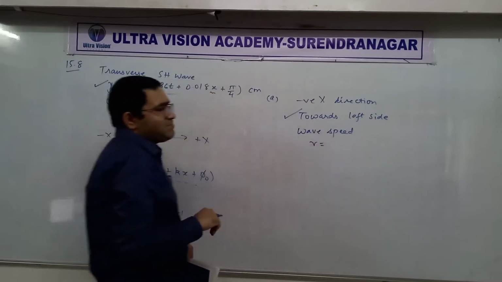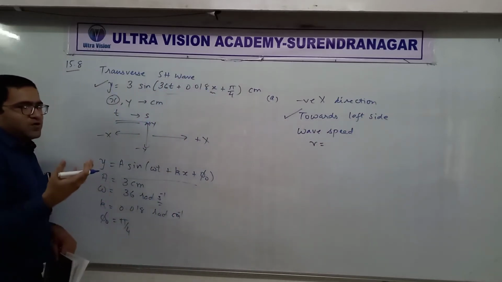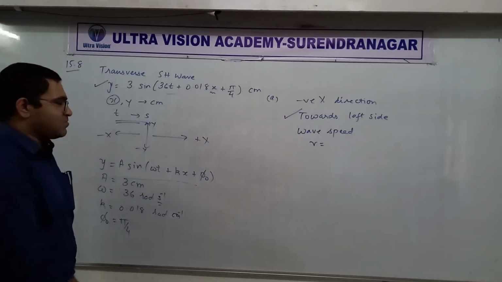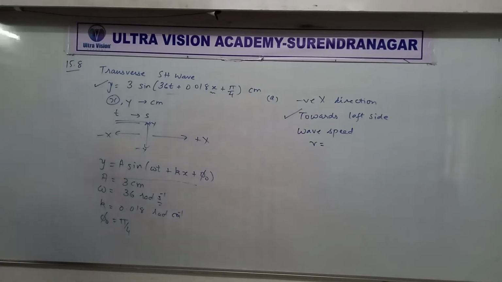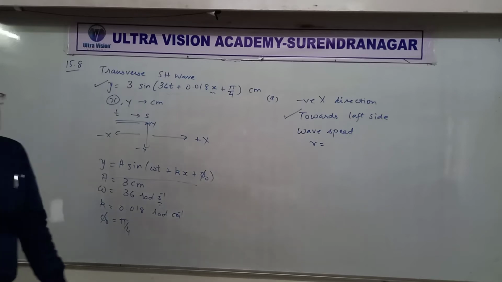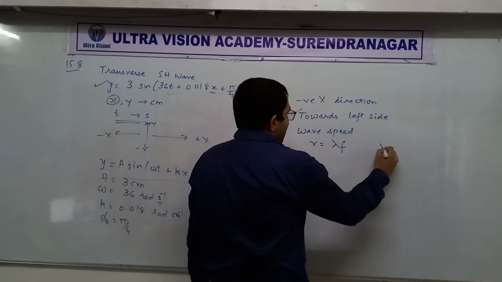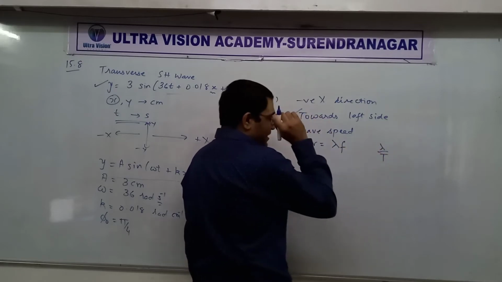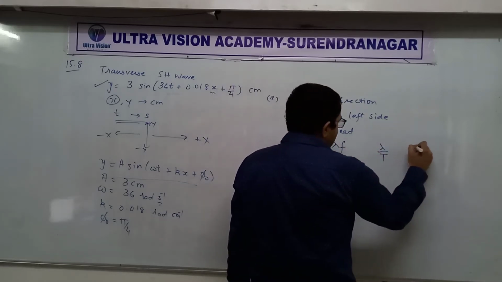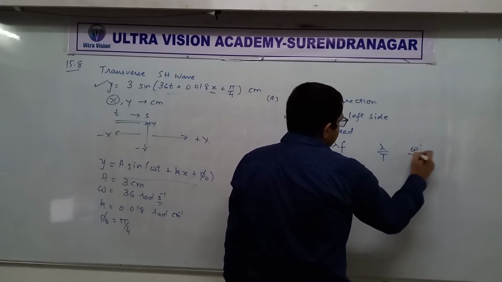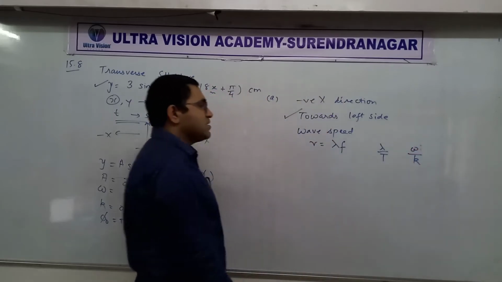V equal to, tell me any one of the three formulas that we have derived. Yes, we have lambda into f, we have lambda upon capital T, that is lambda divided by time period, and we have omega divided by k.